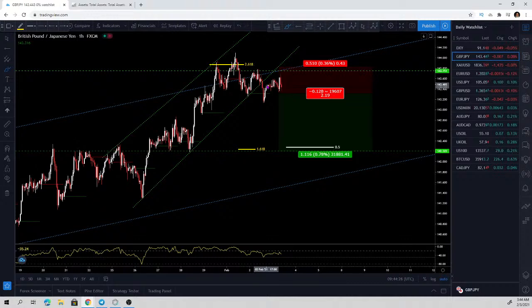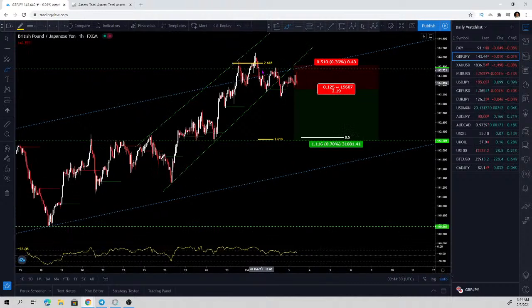And as you can see, if price continues to range like this, I'm going to close the rest of my short position. But right now, I have the 50-minute chart on my other screen, and I have 0.30 lot still running on this one.